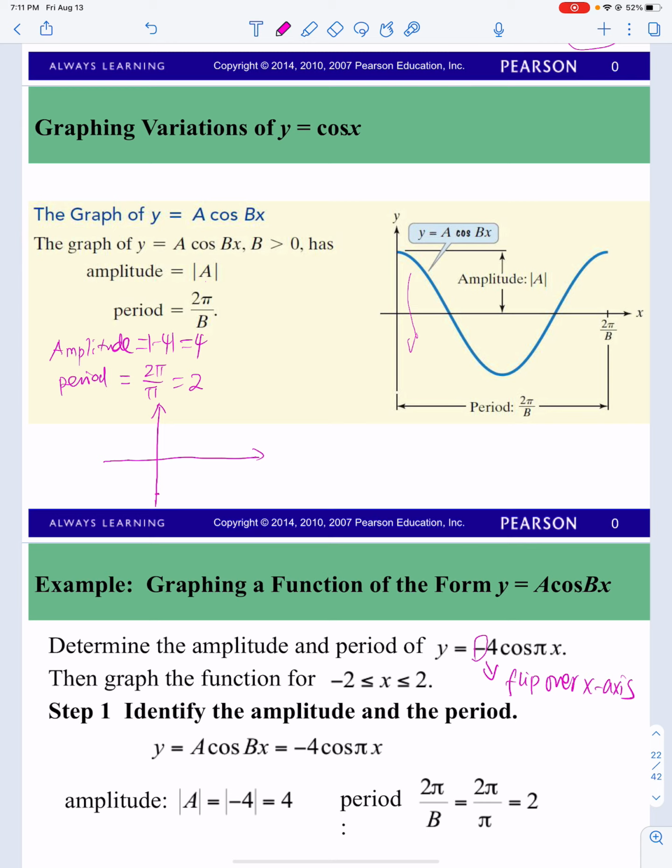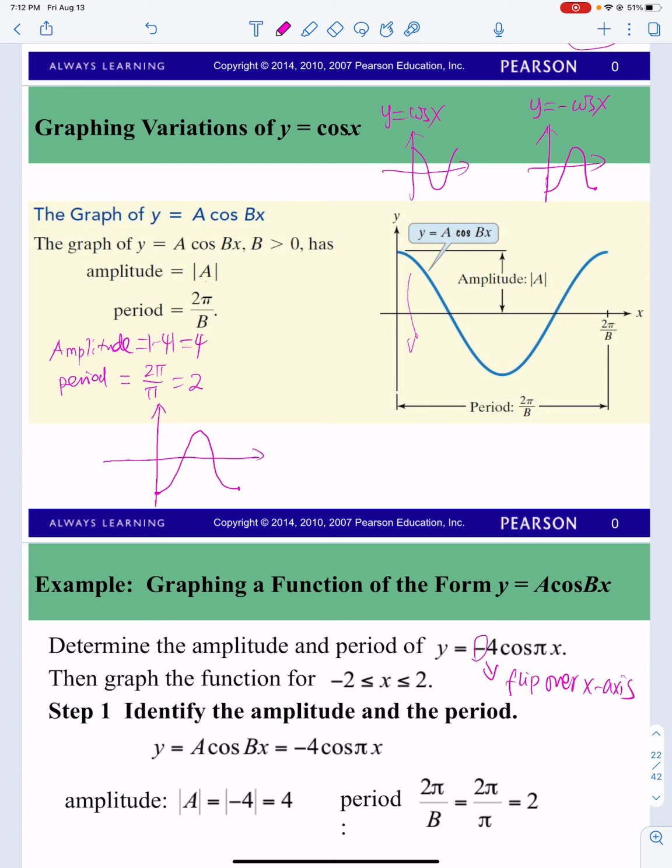It will be something like this. So this is the tricky part. I would ask you to remember y equal to cosine x. What will it look like? This. What will y equal to negative cosine x look like? It looks like this. Okay, so this is the sketch.